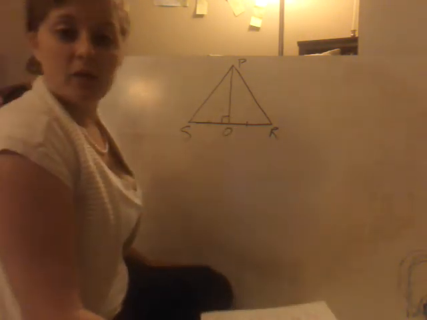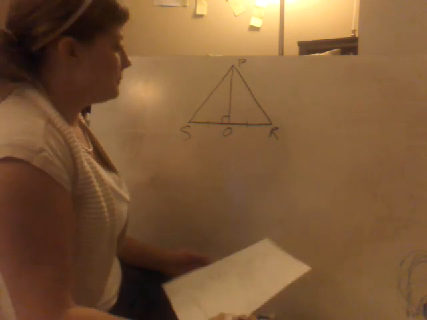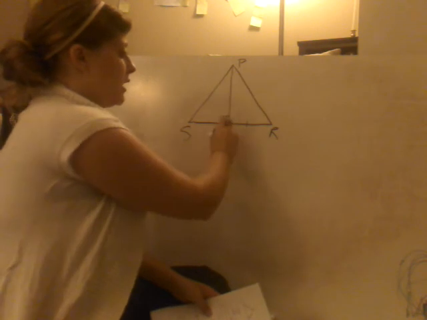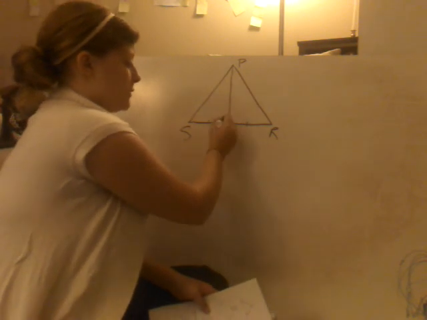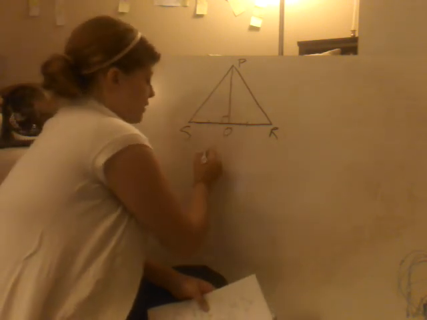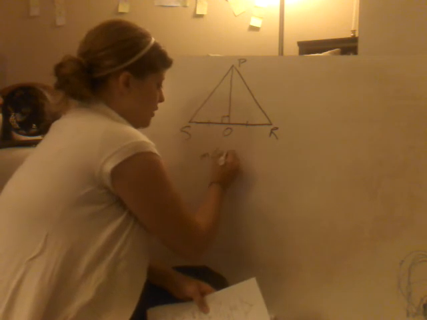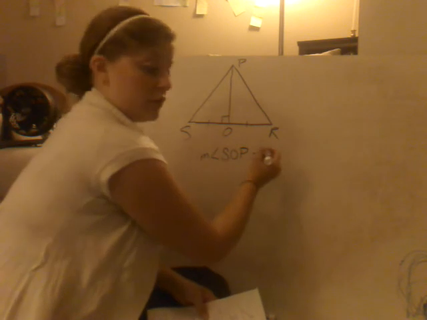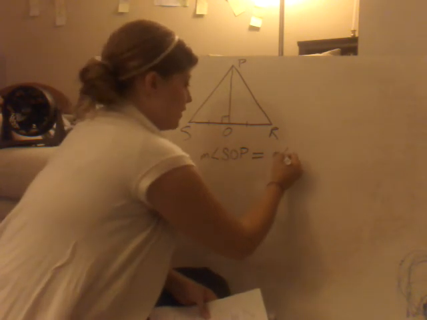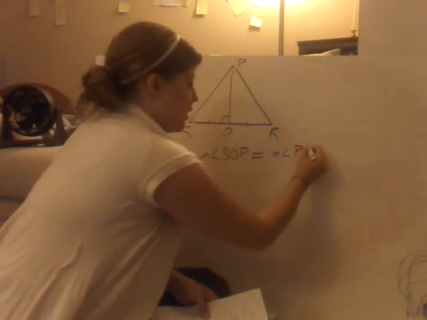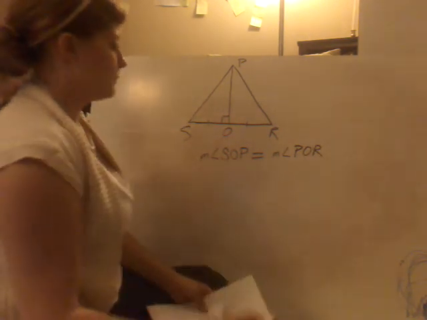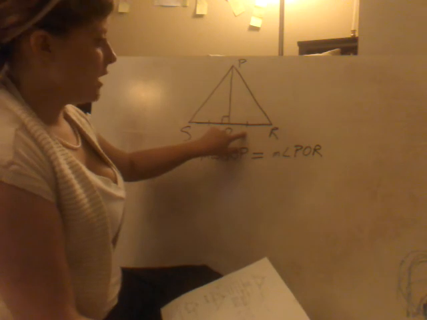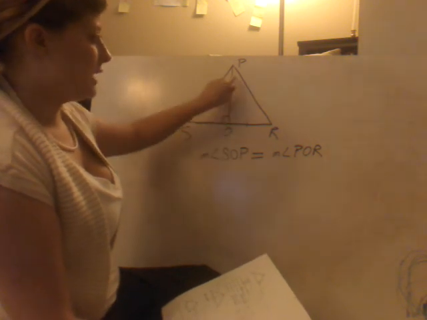Well, congruent meaning the same. So if I look at this, SOP is equal to POR because it represents both of these angles. So measure of angle SOP is equal or congruent to the measure of angle POR.